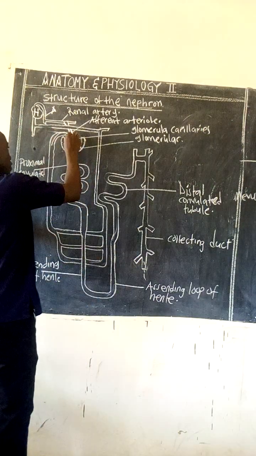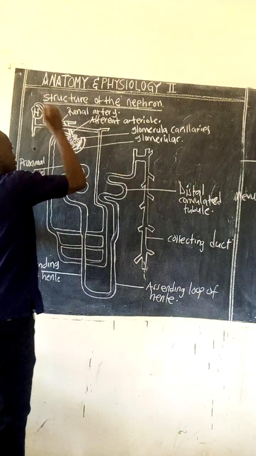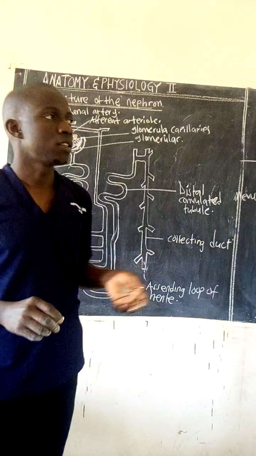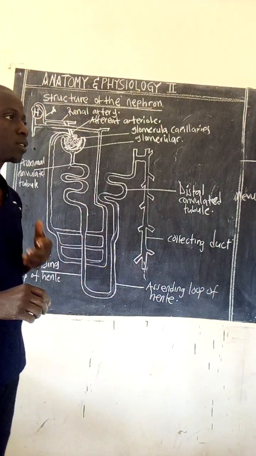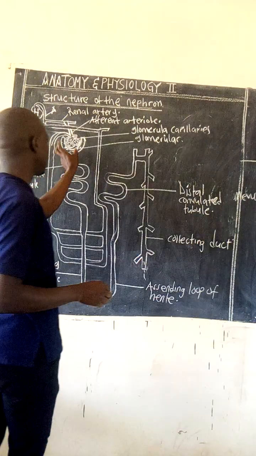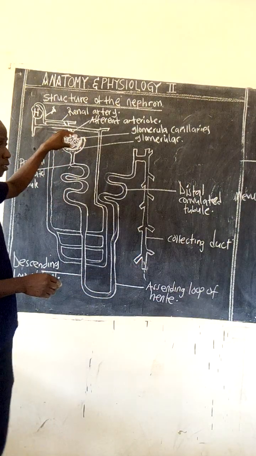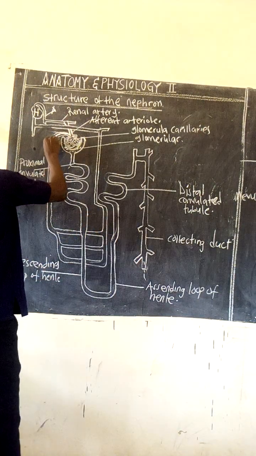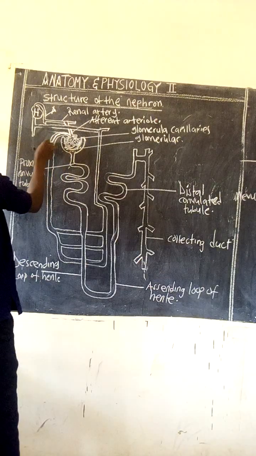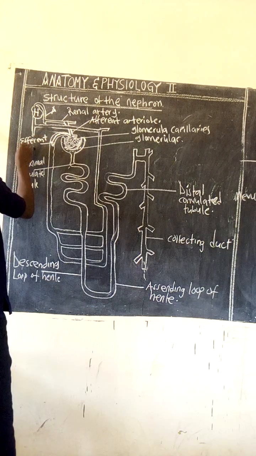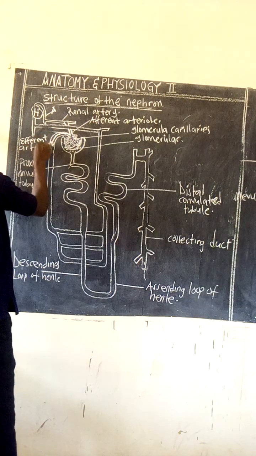The substances that remain here, because they are too big, such as red blood cells, platelets, hormones, and some other enzymes, because the body still needs them, are retained in the glomerular capillaries, and then taken out through what we call the efferent arteriole.